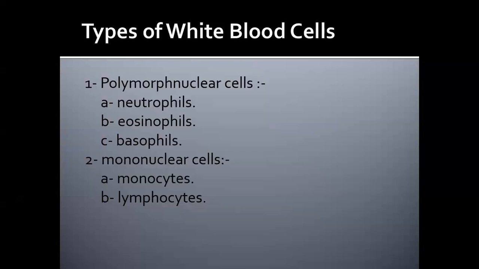So in polymorphonuclear cells, the nucleus consists of 3 or more lobes. This includes the neutrophils, eosinophils, and the basophils. While when the cell has a one-lobed nucleus, this is called a mononuclear cell, which includes the monocytes and the lymphocytes.